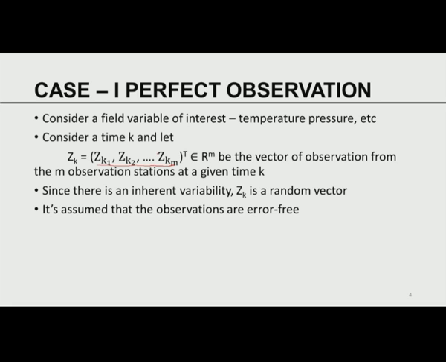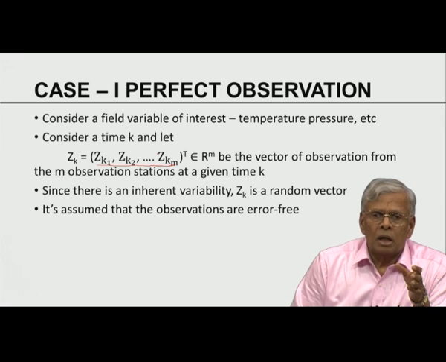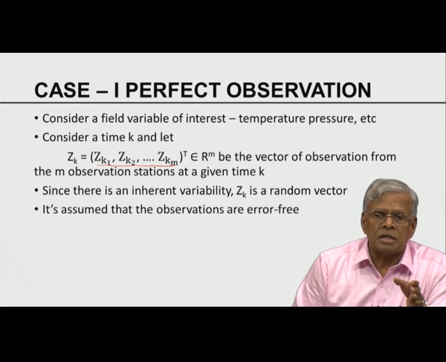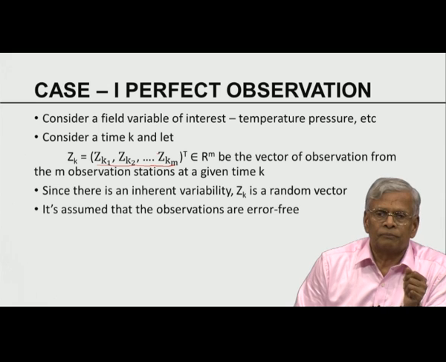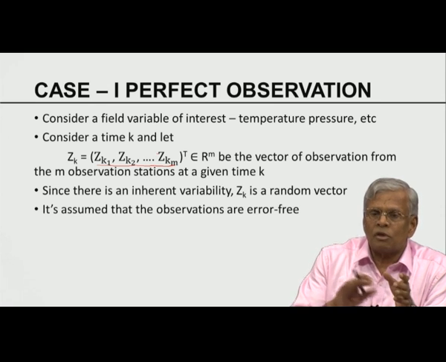Now the observations that we are concerned with have a natural variability in themselves. For example, if you consider the temperature in downtown Paris on January 1st of every year, there is a natural variation.